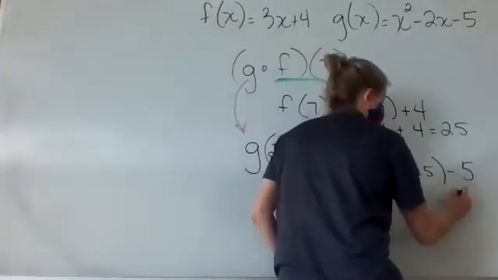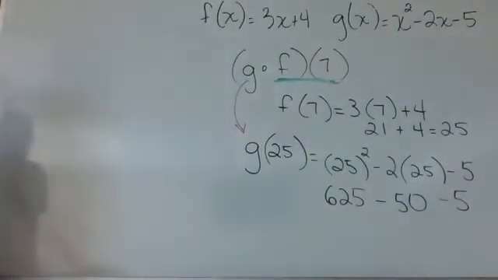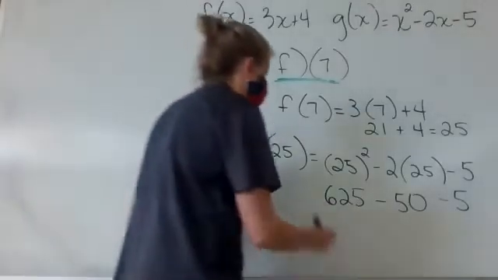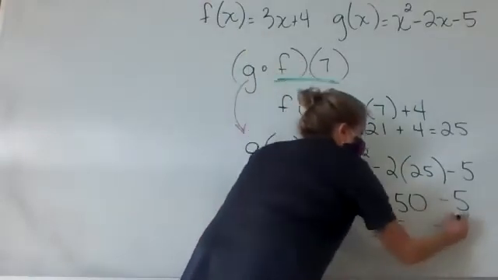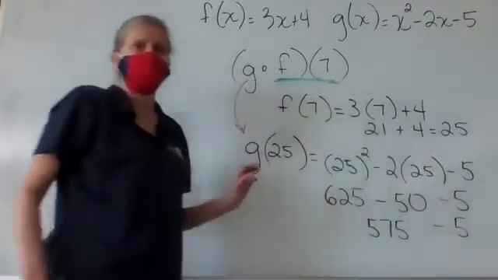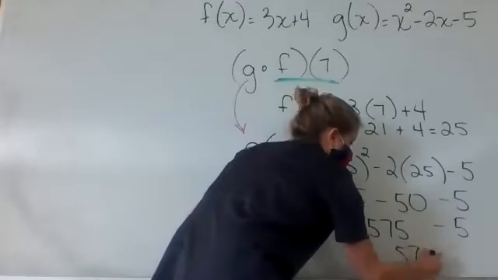Bring down this, minus 5. And then do that subtracting across. 625 minus 50 gives me 575. Minus 5, which gives me 570.